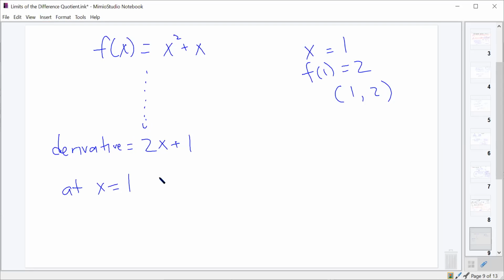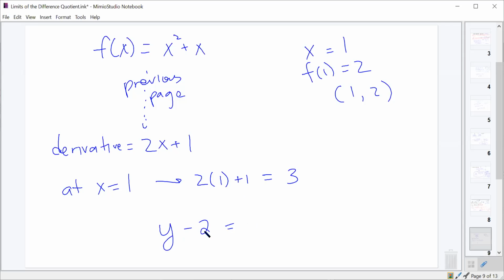And so at x equals 1, this becomes 2 times 1 plus 1, and we get a slope of 3 this time. Everybody okay with that? We did all this work on the previous page to get that derivative. And then we just evaluated it at a new number, at x equals 1, to get 3. So our equation should be y minus y1 equals m times x minus x1.